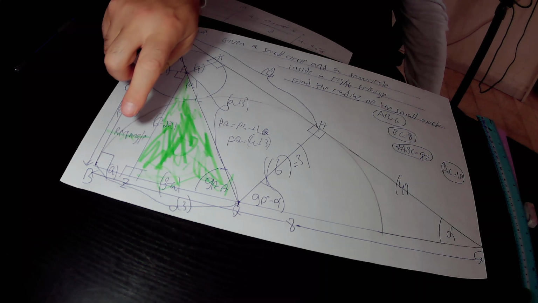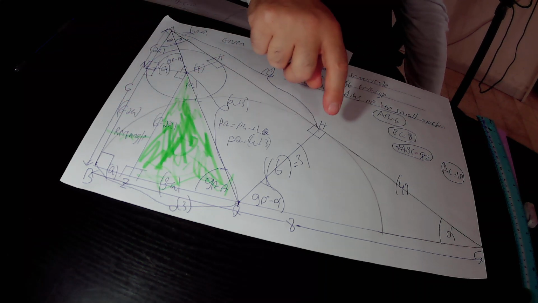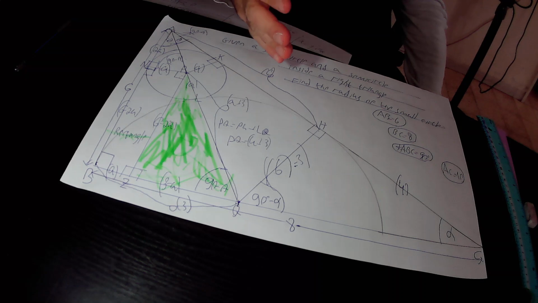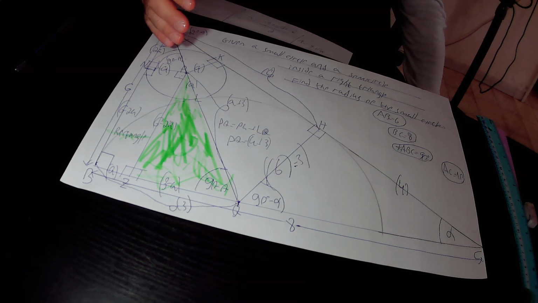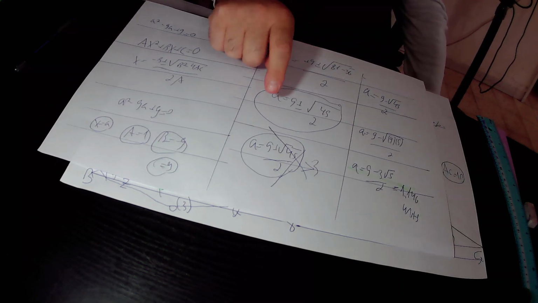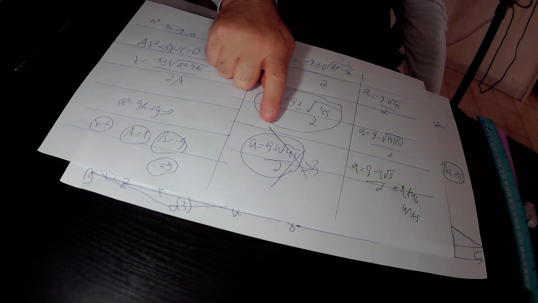Because the radius of the big semicircle equals 3, and the big semicircle is definitely greater than the small circle, and therefore the radius of the big semicircle, that is 3, must be greater than the radius of this small circle. In other words, the radius of this small circle must be less than 3. It must be smaller than 3. But according to the first solution, the radius of the small circle is greater than 3. So this solution is not the correct solution.